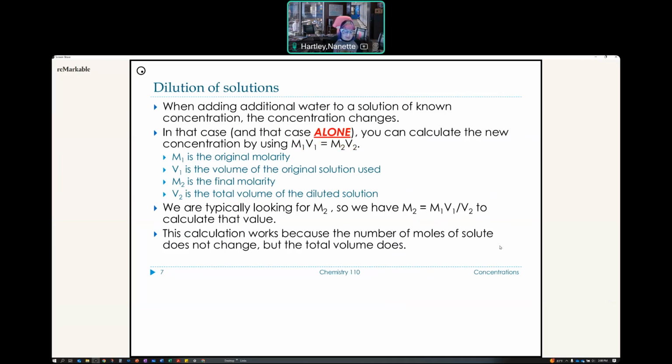Now, why can't I use this when we talk about some other things? When we're talking about stoichiometry and things like that? Because it doesn't take into account the molar ratios. And so, will this work sometimes? Yes, absolutely it will, if the molar ratios are the same. But it doesn't take them into account.